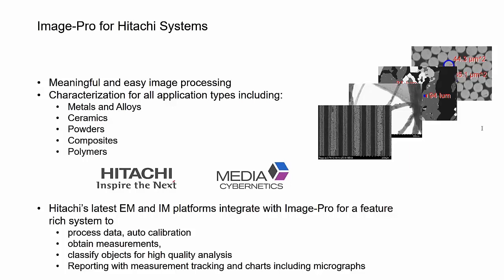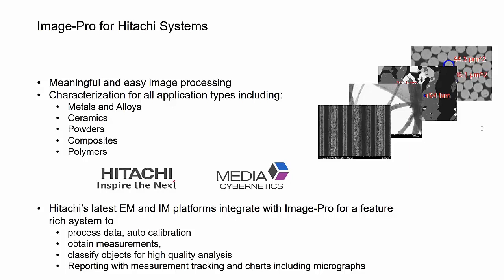This allows us to process the data. We're automatically reading in the calibration, so everything's automatically calibrated in the right units. And then, as we'll see in the examples forthcoming, there is the range of measurements that you can use to characterize your materials or actually to do classification, because there are some very sophisticated classification techniques available within ImagePro.